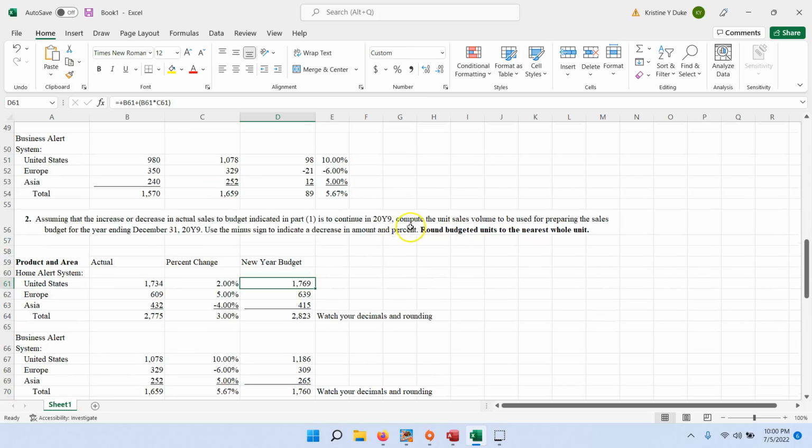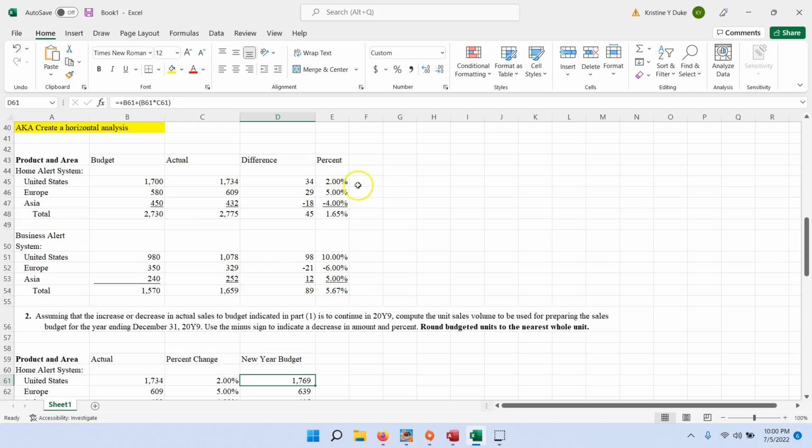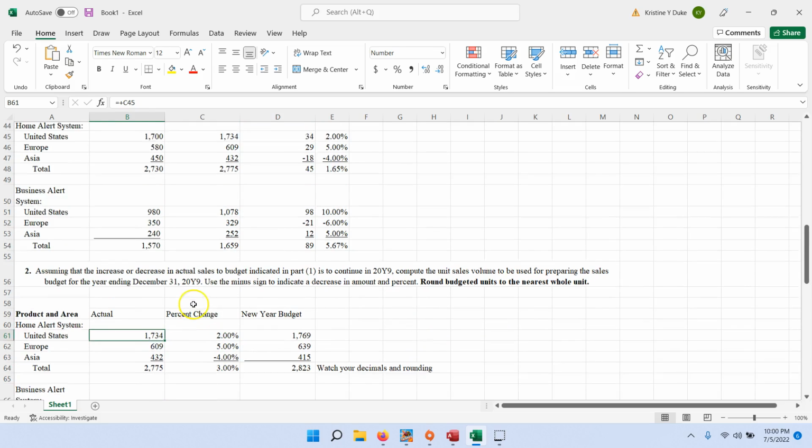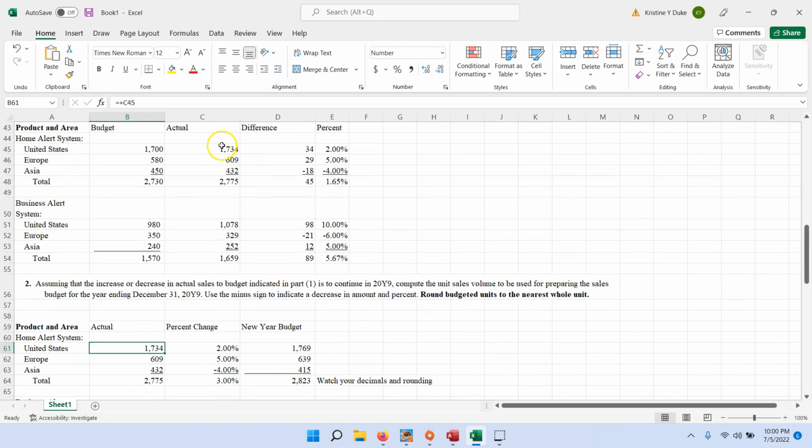Based on the percentages, you can see they're right here. I come over here and grab the 1734 from the actual, and then that 2%. So my new year budget is going to be 1769. This came from that 609, and then the 5%, 639, and subtract the 4%, 415. Again, I am linking all of my formulas to a previous calculation, except for these down here.